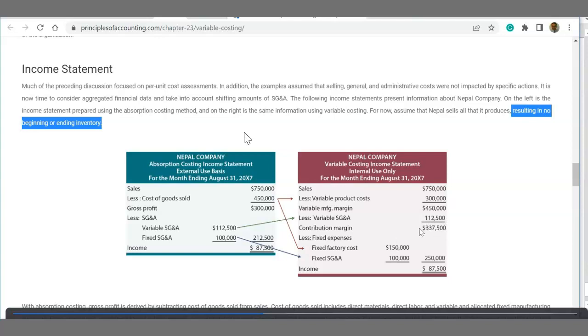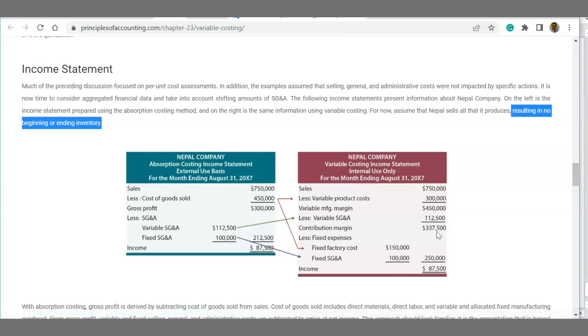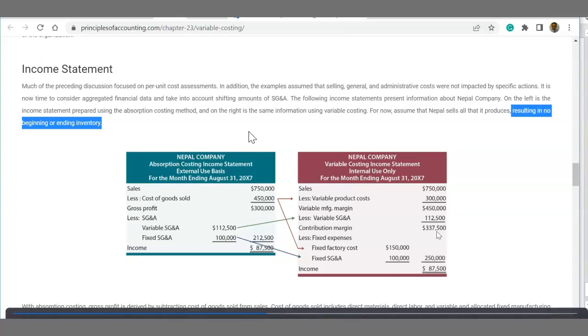That contribution margin ratio is very important for management because if they have any potential of selling a product to someone, even with a lower price, but it is still creating a higher contribution margin, then it will be good because that higher contribution margin will help to pay all those fixed expenses and increase the income. But in this scenario, because we produced whatever we did and we sold all of it, the result, as you see, is the same.